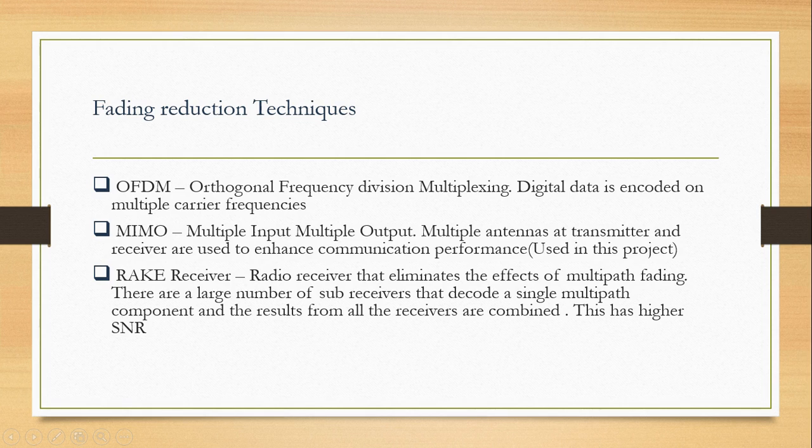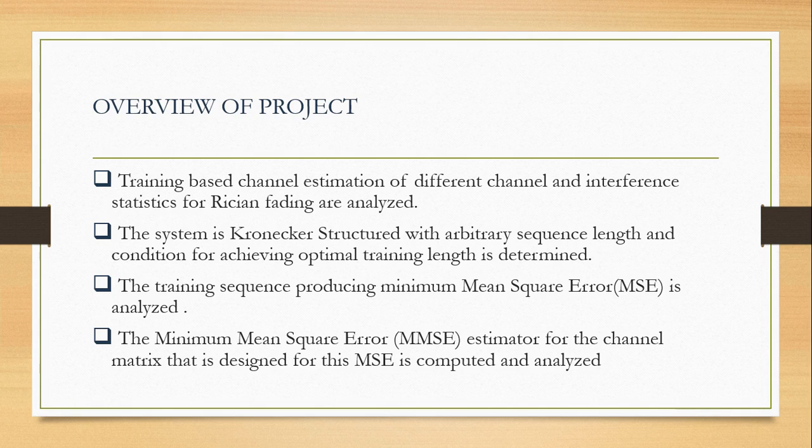It is a radio receiver that eliminates the effects of multipath fading. There are a large number of sub-receivers, each decoding a single multipath component, and the results from these receivers are all combined. This system is supposed to have a high SNR.